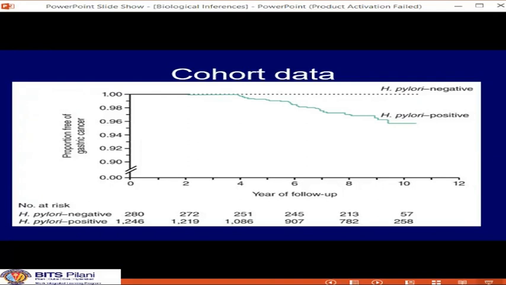Whereas those who are H. pylori positive, the chance of being cancer-free, the y-axis is being cancer-free. So the top of the y-axis, the 1, is 100% cancer-free. And you find that the H. pylori positive people, after a few years of follow-up, start developing gastric cancer. So this is one way of looking at the same thing which I said of the temporal association.